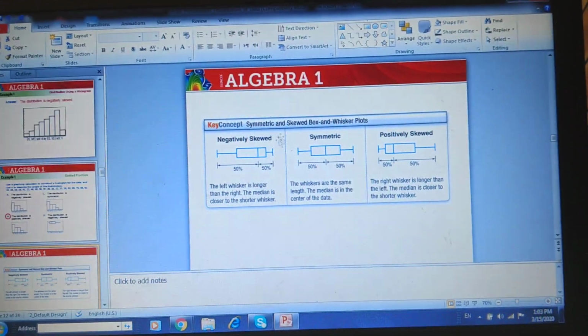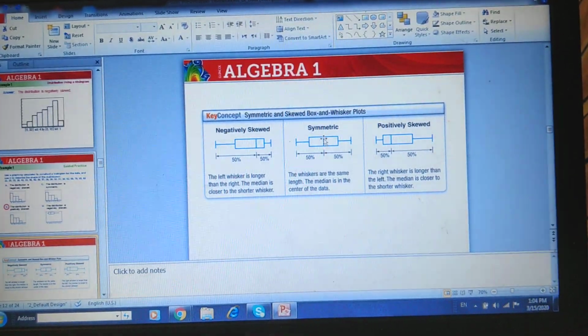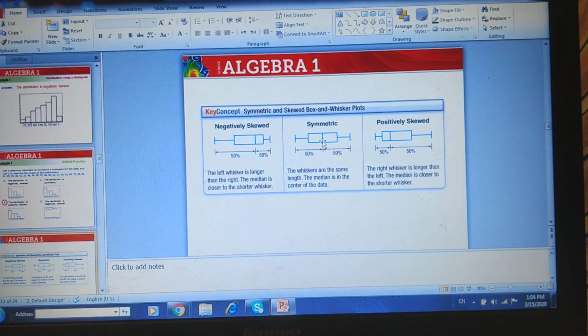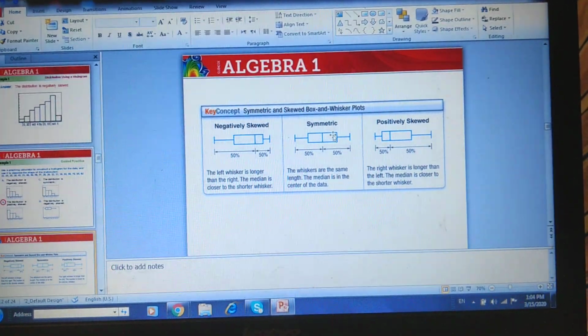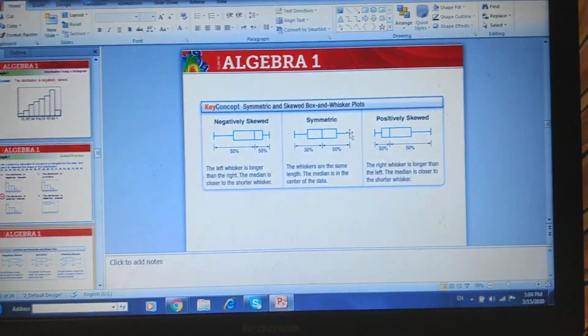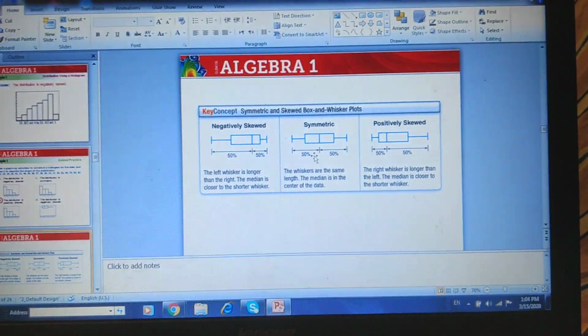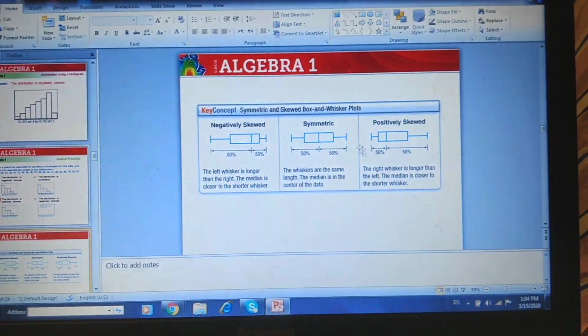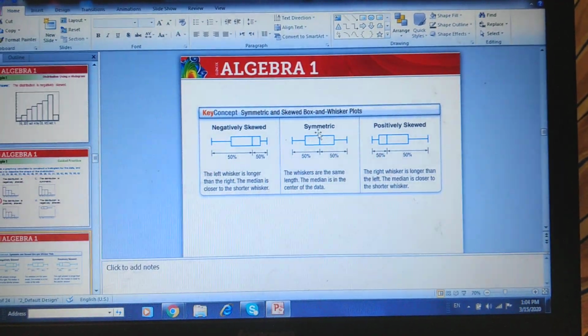This one is symmetric. As you can notice here, the median is in the middle or in the center, and the whiskers, this one on the left and on the right, are the same. We distribute the data equally, 50%, 50%, 50 on the right, 50 on the left. Therefore, it is symmetric.